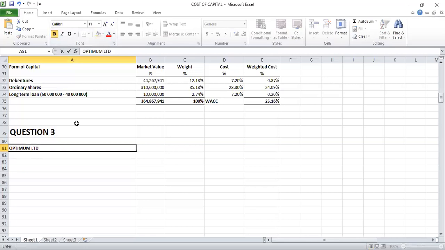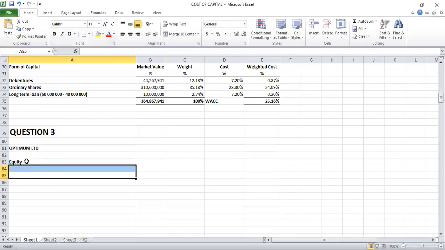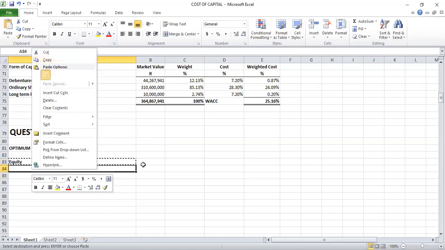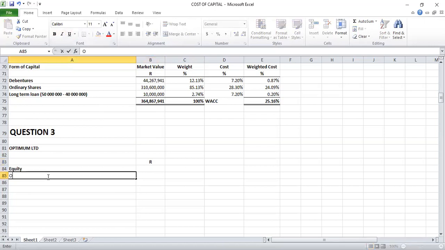We start with the equity. We have ordinary share capital, 40 million.